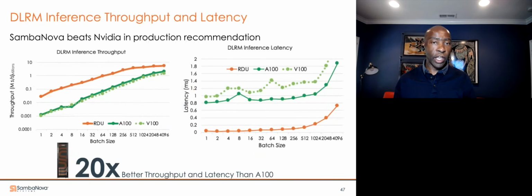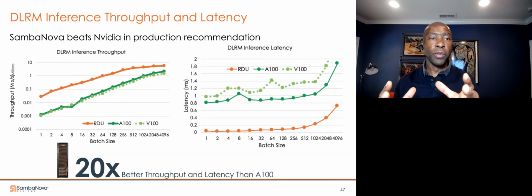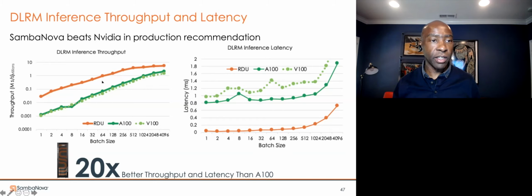And so, looking at this benefit of large memory capacity and efficient use of compute and efficient use of bandwidth, it gives you these fundamental improvements in throughput and latency on recommendation problems, right? So here, in terms of throughput, we're about 20x better than an A100, and much lower latency, right?